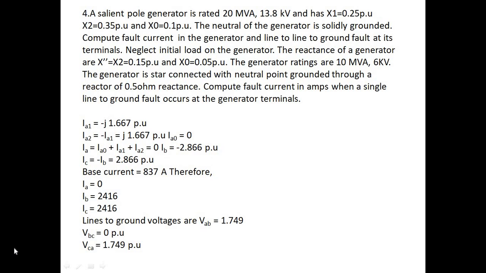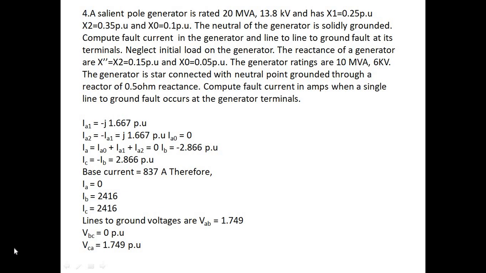The next problem. A salient pole generator is rated 20 MVA, 13.8 kV and has a reactance X1 equal to 0.25 per unit, then reactance X2 is equal to 0.3 per unit and zero sequence reactance is equal to 0.1 per unit. The neutral of the generator is solidly grounded.